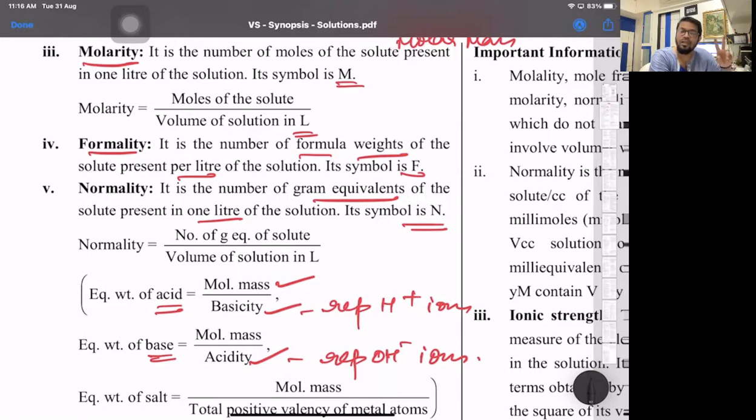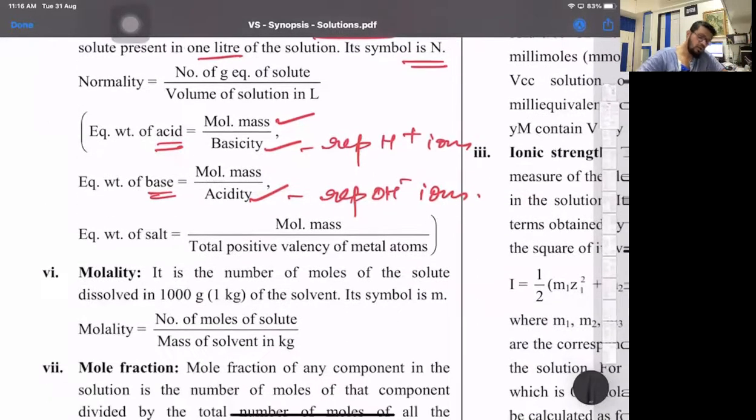That is one. Second, we have equivalent weight of a salt. Now salt, the molar mass upon total positive valency of metal atoms. In other words, the total positive charge on the cation or the total negative charge on the anion. Like for example, equivalent weight for sodium carbonate, Na2CO3.